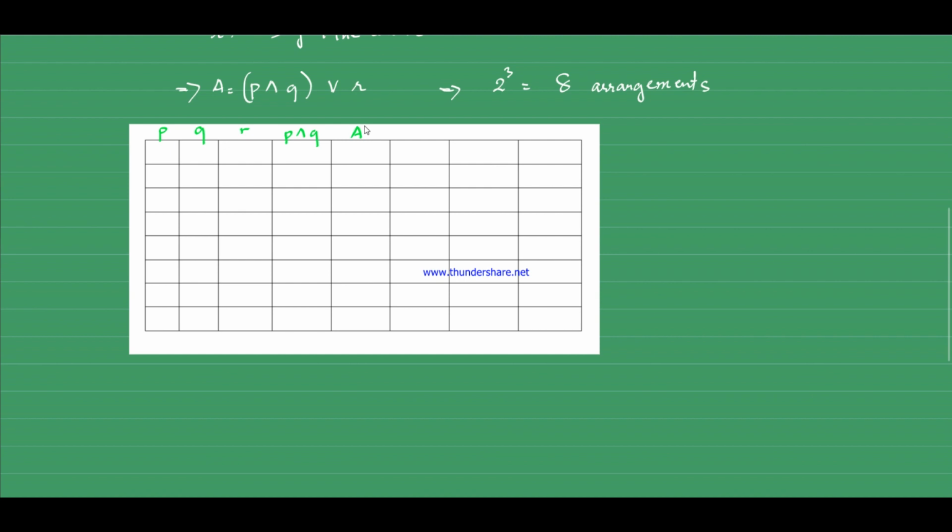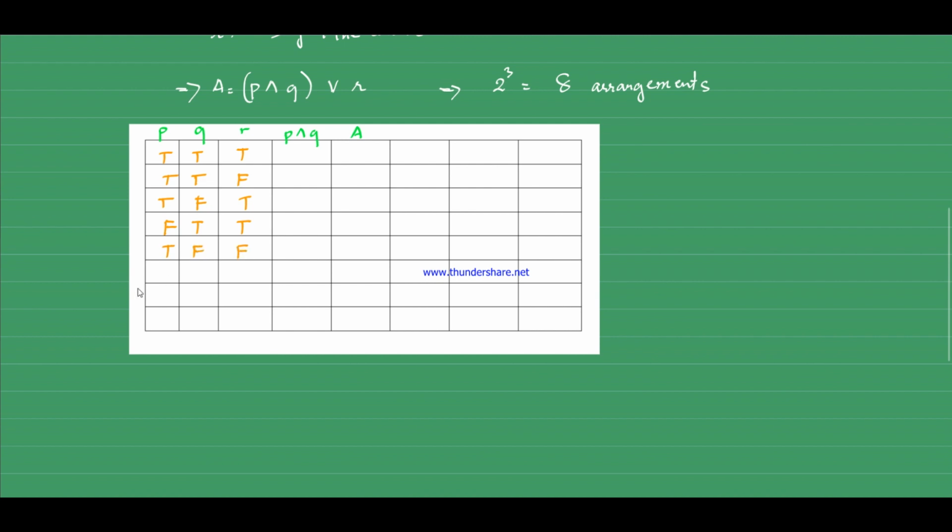All right, so we have three statements and the symbolic statement A arrangements. The first one, I'm going to put true for all of them. And then I'm going to put one of them to be false, the last one. So true, false. Then I put false, true, false, true. Then false, true. Then two false, so true, false.